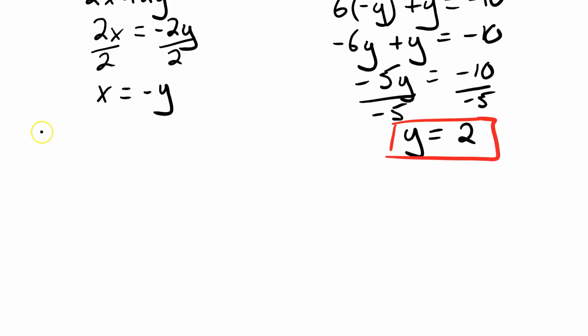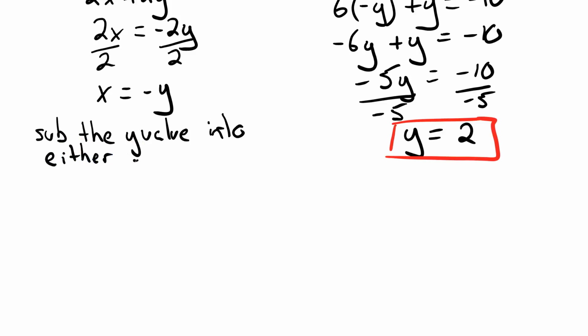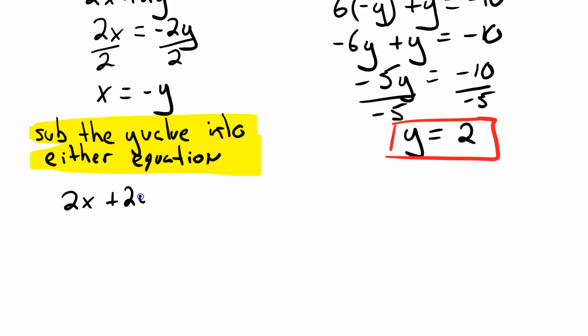So now I sub the y value into either equation. I can choose. I like the first one, so I have 2x plus y equals 0.